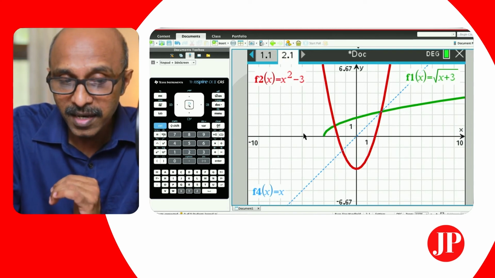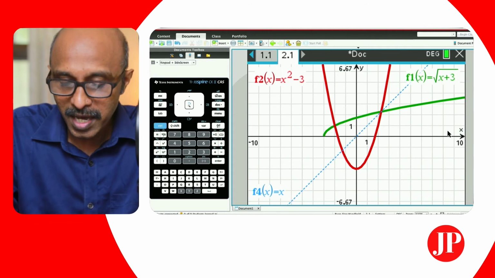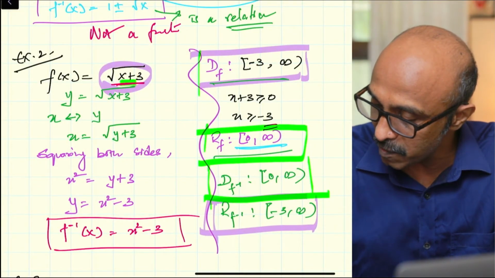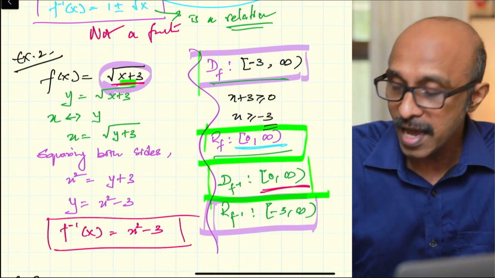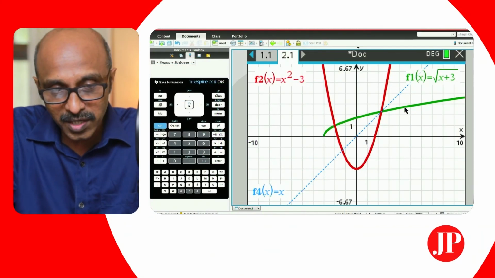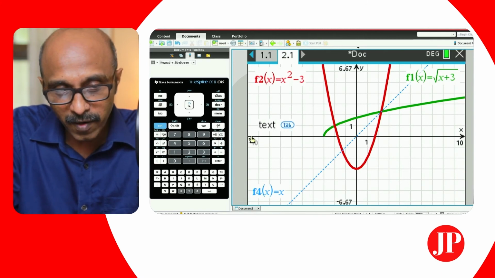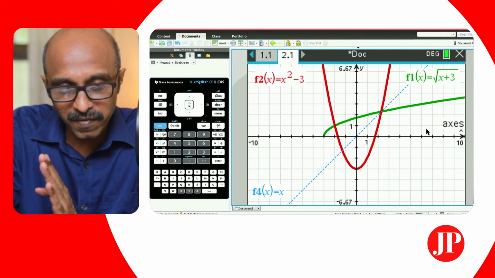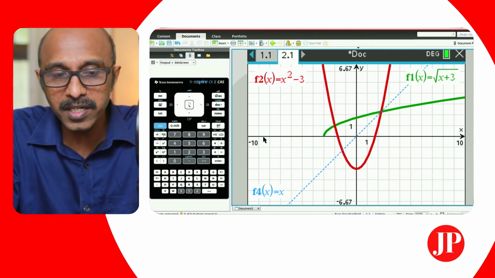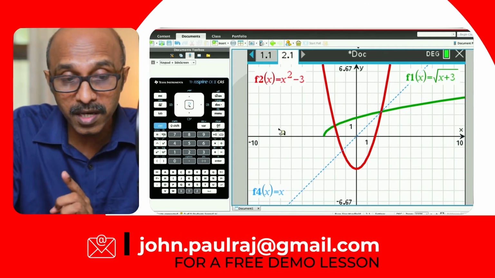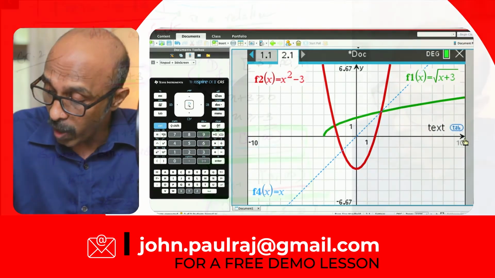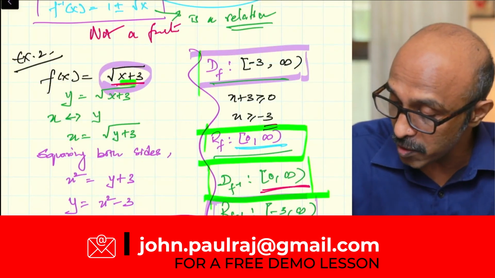But the domain is negative infinity to infinity, whereas when we made a note of the domain of the inverse, we said 0 to infinity. If you had just found the inverse algebraically and put it on the graphing calculator to check the domain, you'd say the domain of this function is negative infinity to infinity. But why are we getting 0 to infinity here?